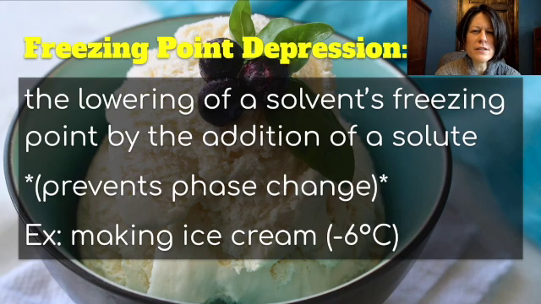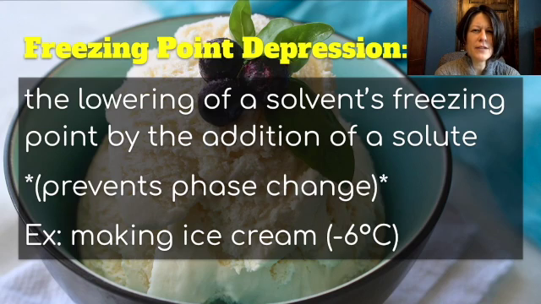What adding a solute does is it interferes with the interactions of the water molecules so that they do not freeze at higher temperatures. So it interferes with that. It keeps them in a liquid state at lower temperatures.